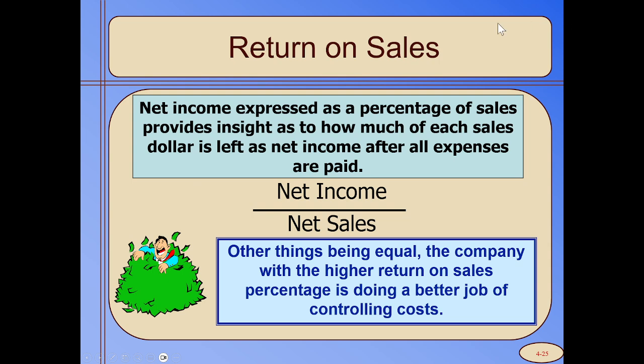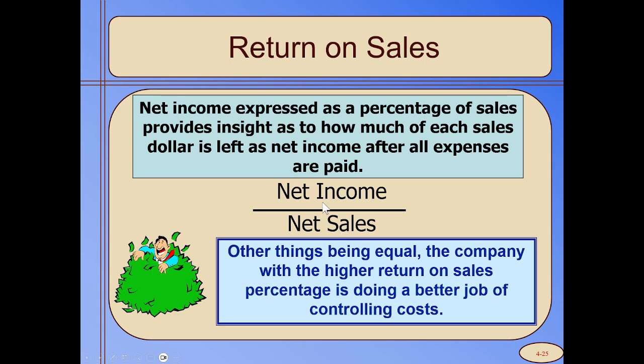Another one we call is the return on sales. In practice, the net income percentage is frequently called the return on sales ratio. Return on sales expresses net income as a percentage of sales and provides insight into how much of each sales dollar is left as net income after all expenses are paid.